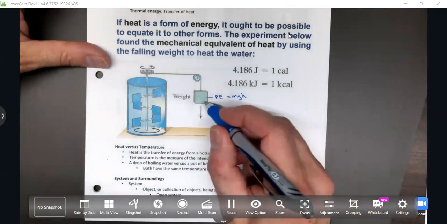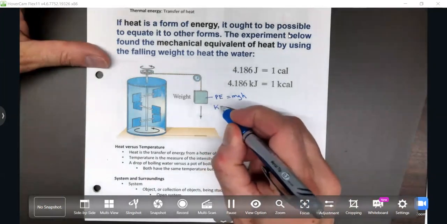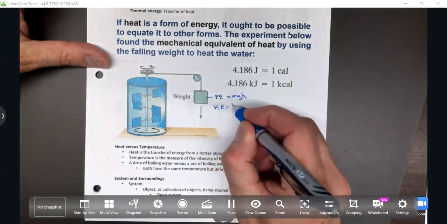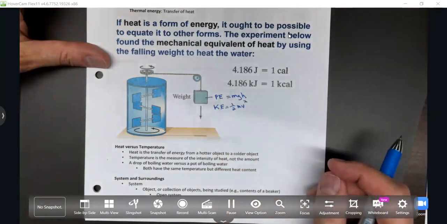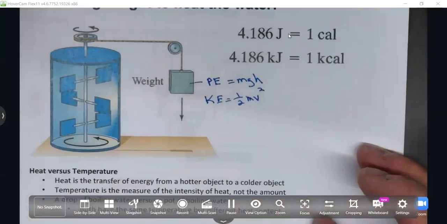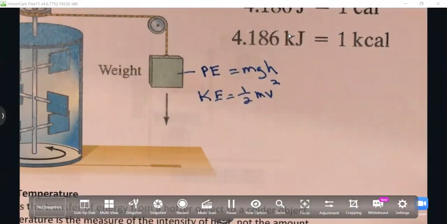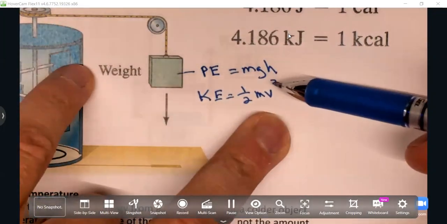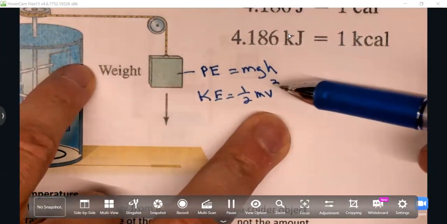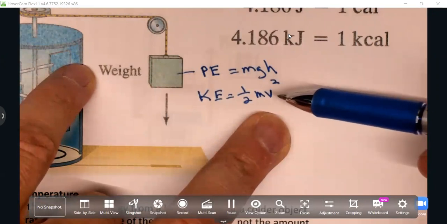Or once it starts moving, we would say that kinetic energy is 1/2 mv squared. I don't know if that brings back good memories or not. But what that does is it gives us the units of joules.